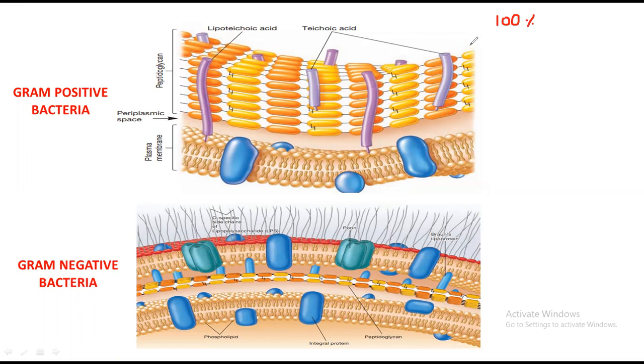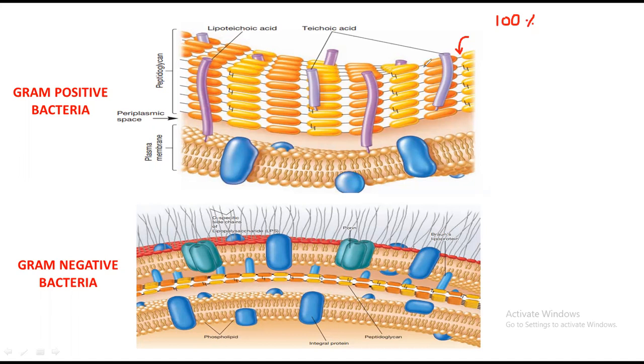What will it do if it enters the peptidoglycan layer? Because of the high concentration of alcohol, within seconds it will start coagulating the proteins that are in the peptidoglycan layer. It will directly start denaturing and coagulating the proteins.